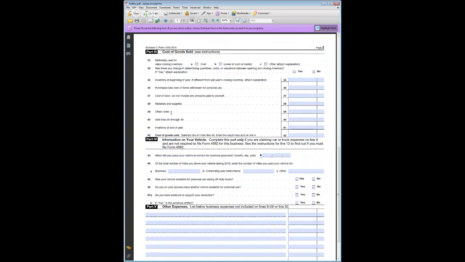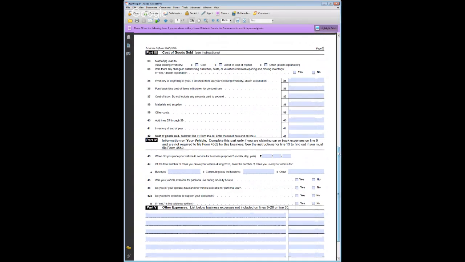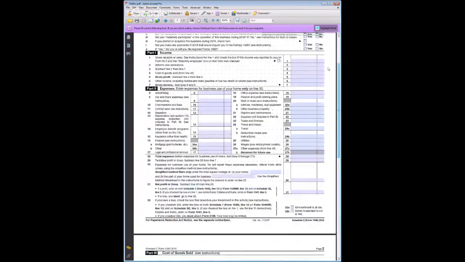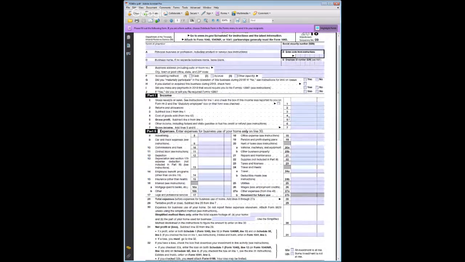And then you add all that up and that gives you your cost of goods sold, which then goes back to the first page on line 4.